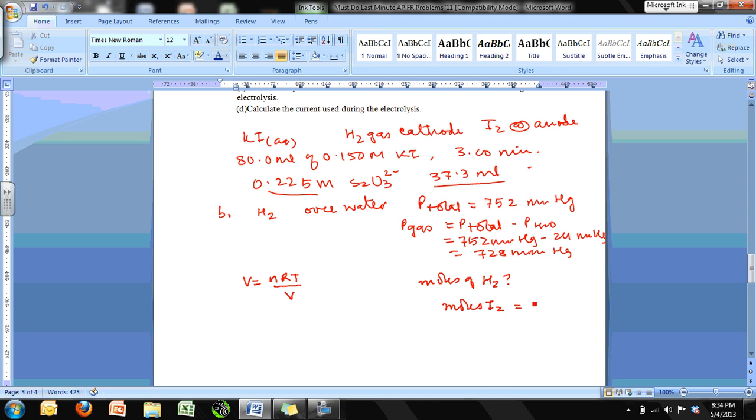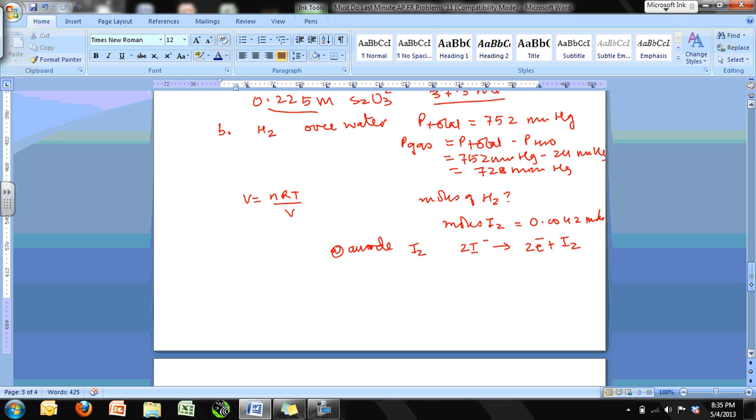You've calculated that as 0.0042 moles in part A. Now, you know that iodine is formed from iodide being oxidized, meaning losing 2 electrons and then forming iodine. And this happens at the anode. So the current that flowed through this released 1 mole of iodine when 2 moles of electrons were passed.